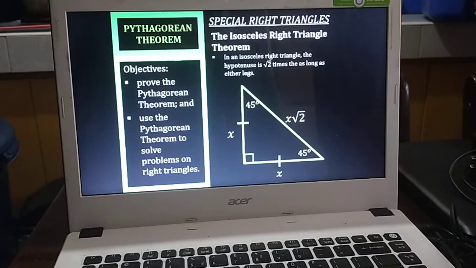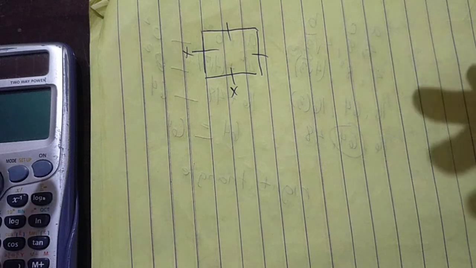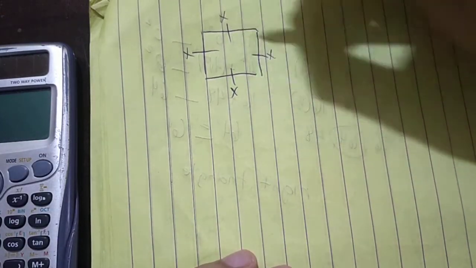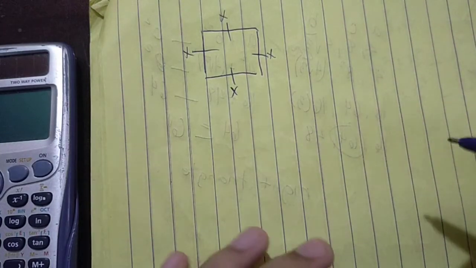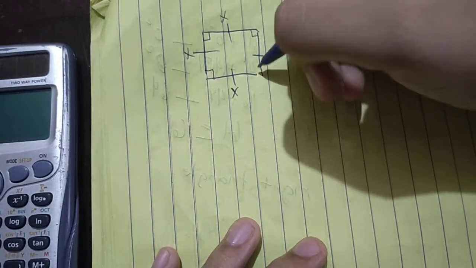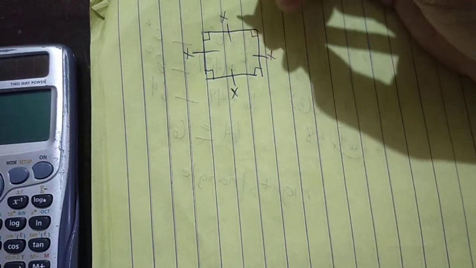So, given a square, a square has 4 congruent sides and 90-degree angles. Pasensyahan nyo na yung drawing.